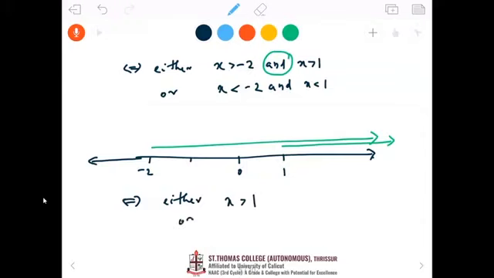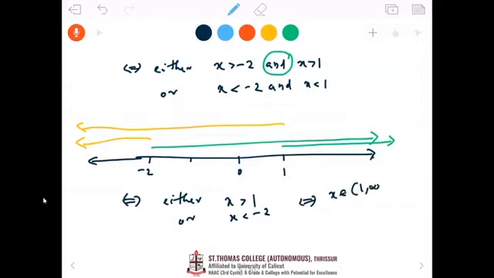Or now the second one, x less than minus 2. X must be less than minus 2 and x must be less than 1. Both should happen at the same time, and both happen when x is less than minus 2. So or x less than minus 2. Okay, so this means either x is greater than 1, means x is an element of (1, infinity), or x must be in (minus infinity, minus 2).